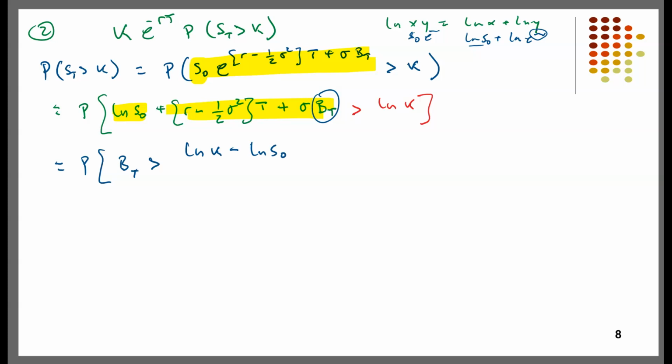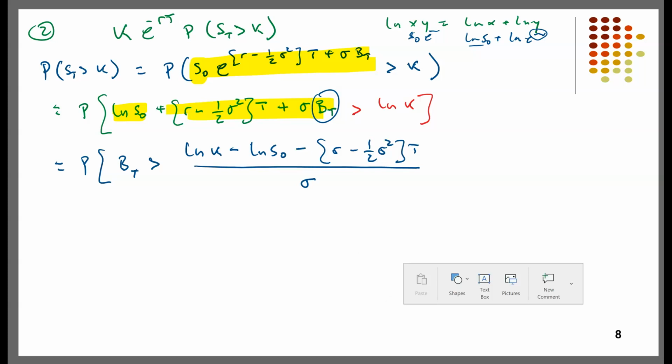We're going to subtract the whole term there, so minus R minus 1/2 of sigma squared multiplied by T, and then we're going to divide all of that by the standard deviation, and what we're going to have is BT there. Now BT follows a Brownian motion.